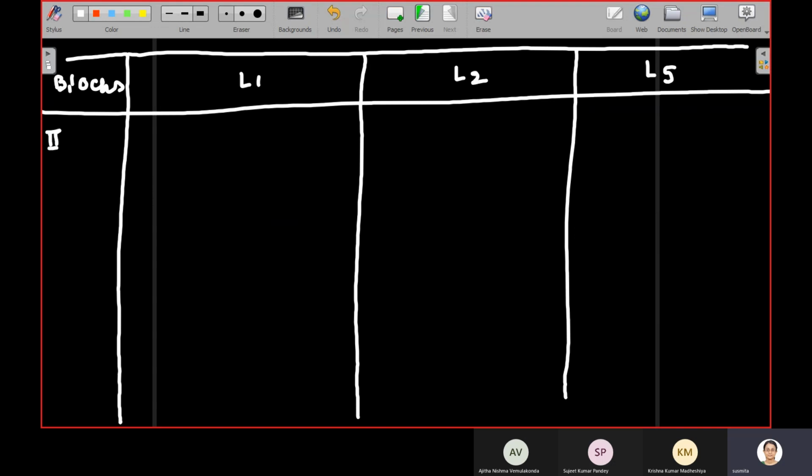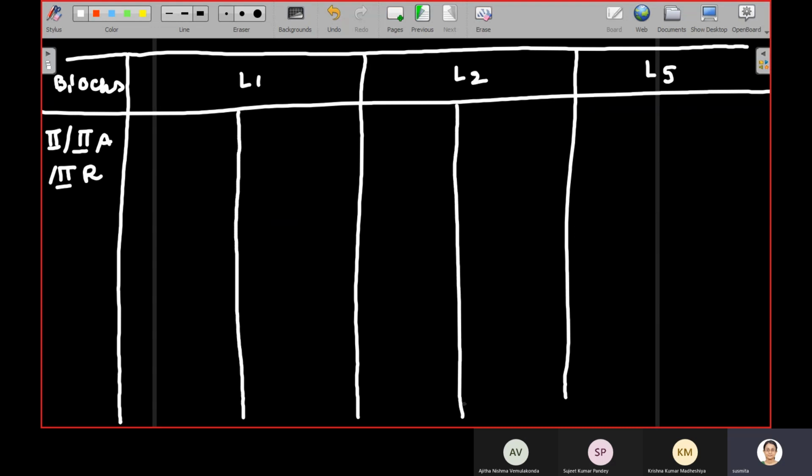Here we have 2, 2A, okay, and then 2R. Then under each band we have in phase and quadrature phase. So I'll write just I for in phase and Q for quadrature phase.